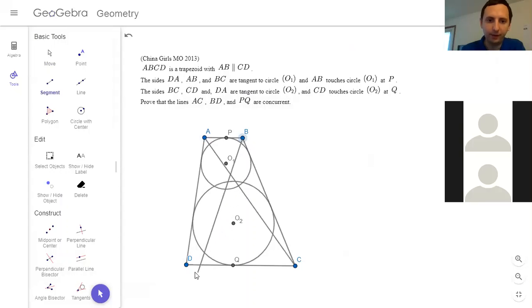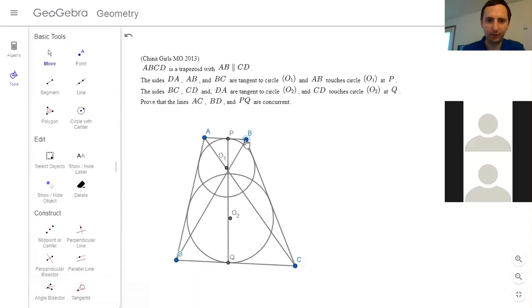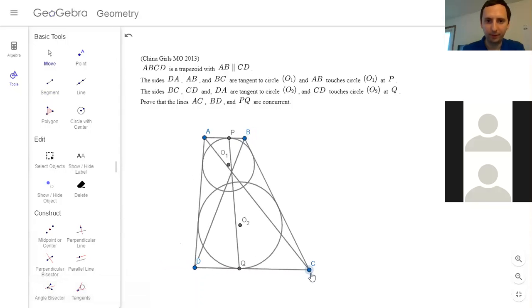And in the contest, they actually drew the figure for you. In fact, they did that for a couple problems, which I kind of like. So it's an interesting thing that these three lines are concurrent.